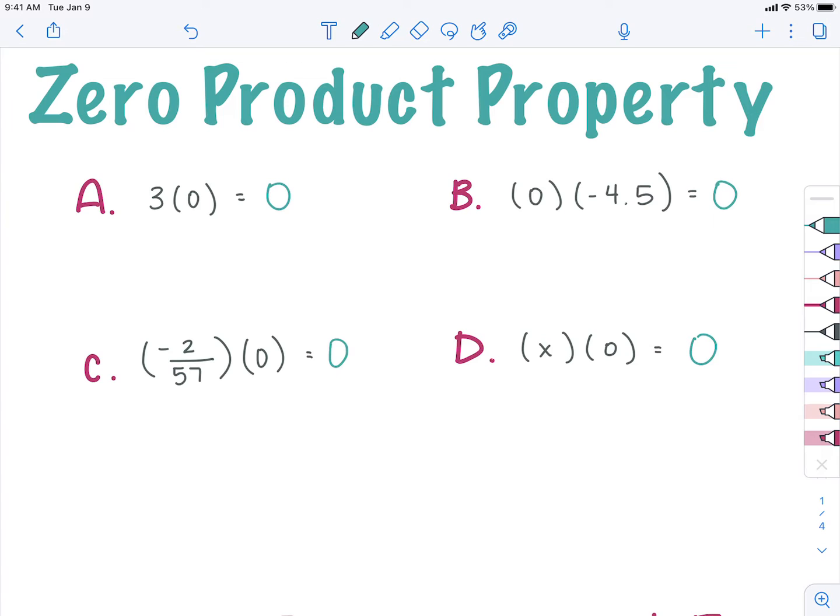So our zero product property tells us that anytime we multiply two things and it equals 0, one of them has to be 0.